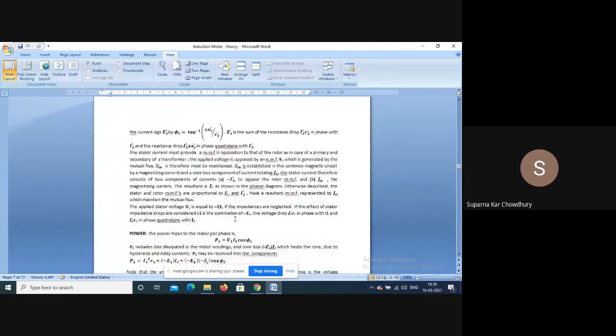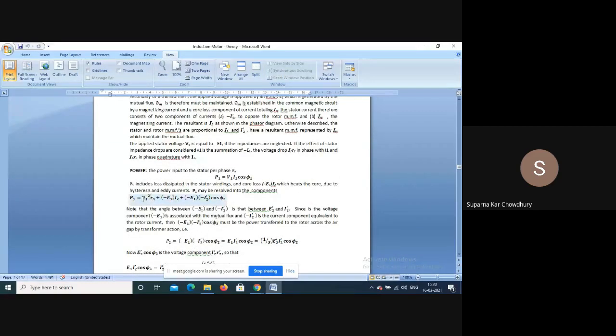So the power P1 is I1 square R1 minus E1 IC plus minus E1 minus I2 dash cos phi 2. Now this is the copper loss, and this one represents the core loss.